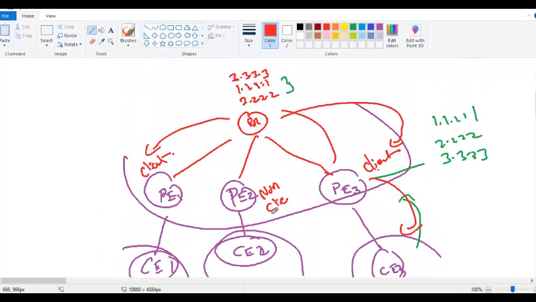PE2 is not a client, but a route learned from an IBGP will be given to this router, because the route that was given by this PE2, 2.2.2.2, was used by the RR to give to these clients.